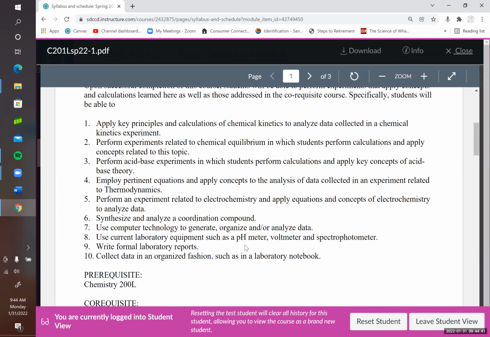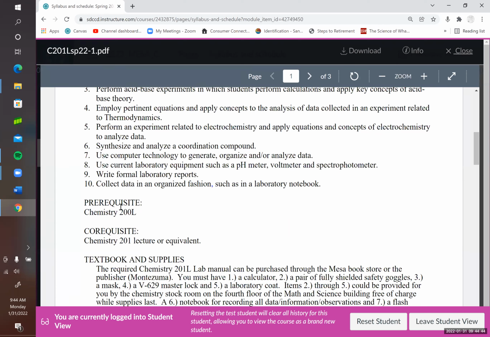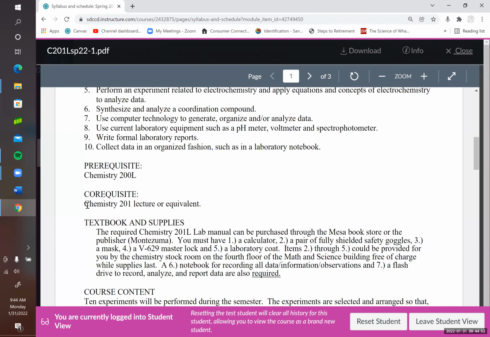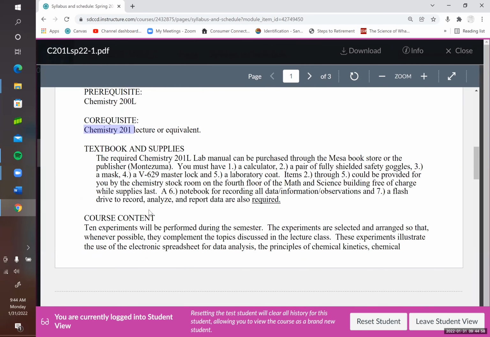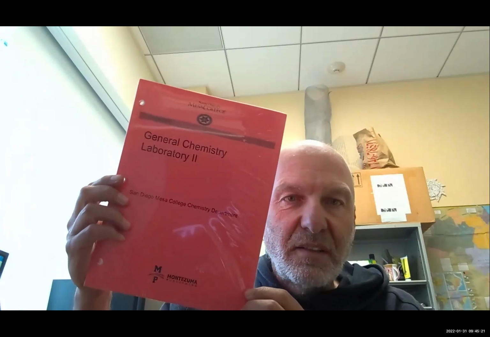All right. Anyway, we have this prerequisite Chem 200 lab that you have to pass. And of course, you're going to be taking the co-requisite 201 lecture. The lab textbook you can find in the bookstore. And I'm not sure if you can see this because I'm sharing my screen, okay, this is what the lab manual looks like.